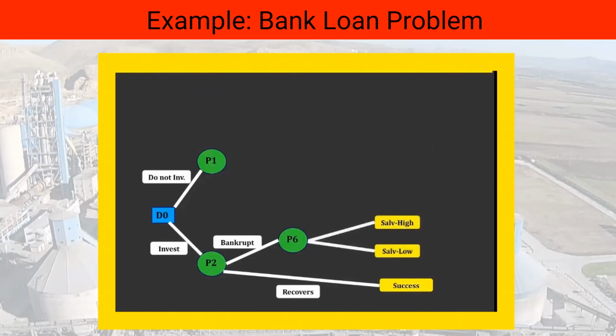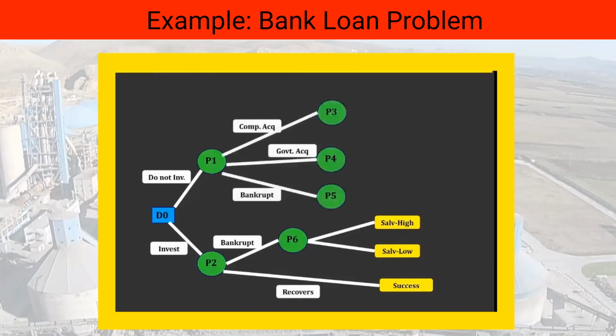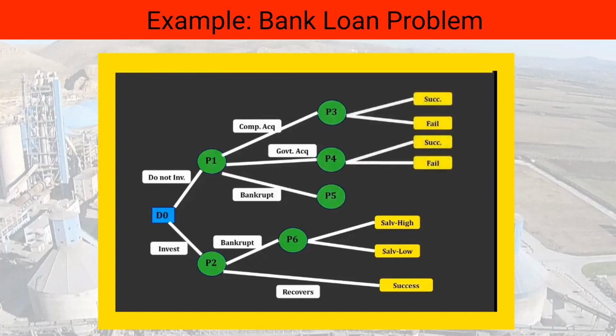And then we have the high salvage value and the low salvage value. Now, if you do not invest, we have the three options. A competitor acquires, the government acquires, or we are forced into bankruptcy. And in each case, we have the potential for success or failure. So this is actually the sketch. Now we use this sketch to develop the Excel model.